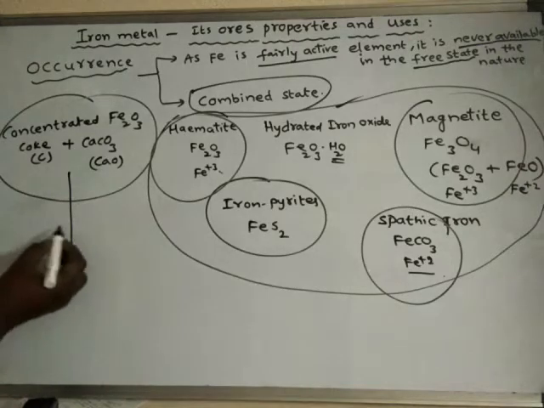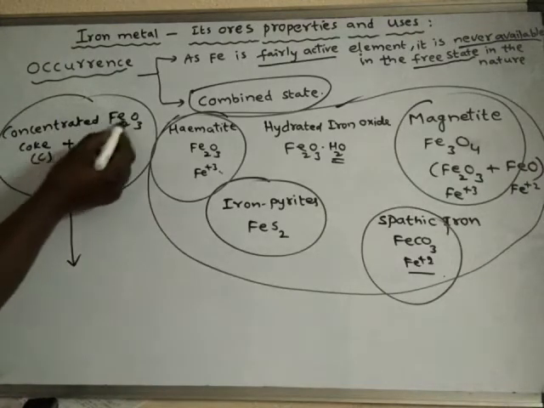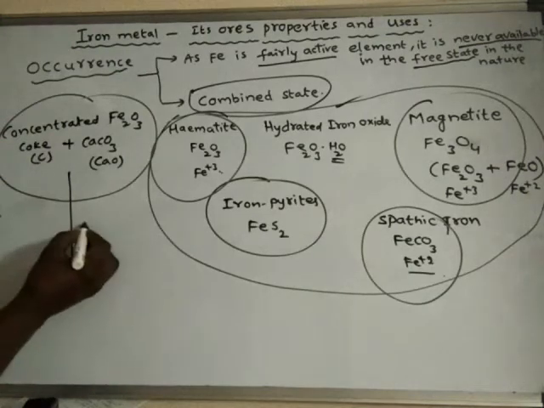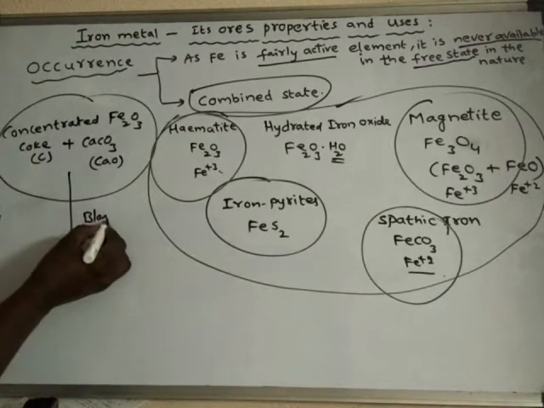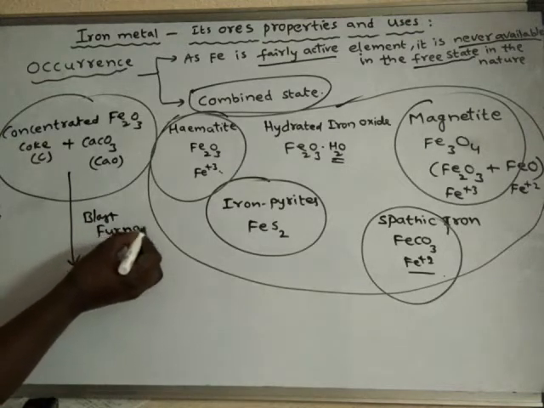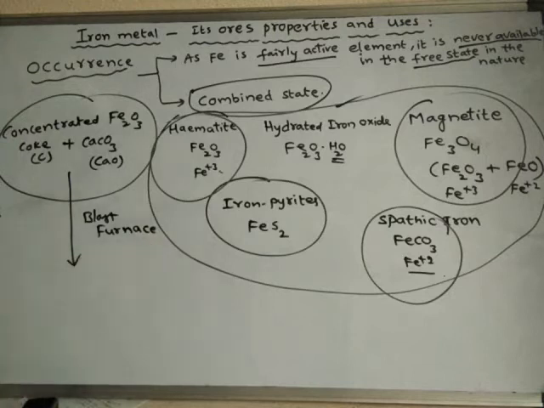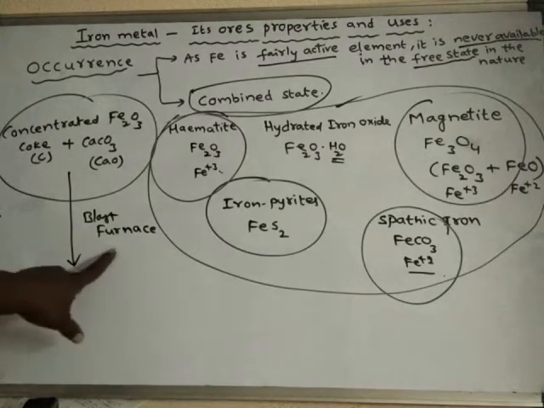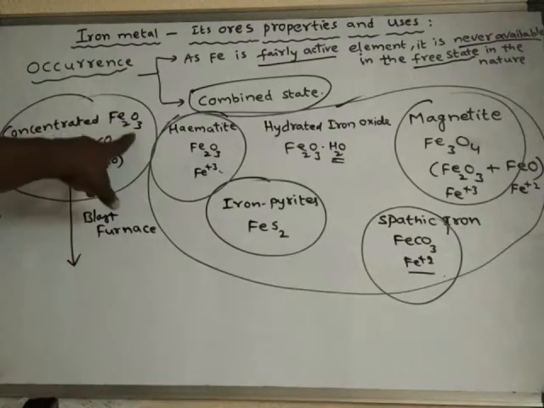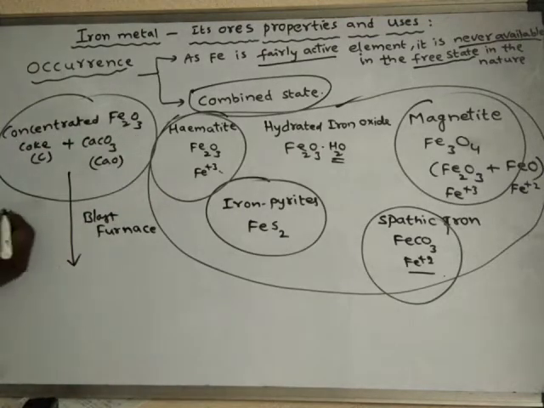So what happens here? Reduction of this ore takes place during this process. If you heat it in a blast furnace, a special type of furnace, the reduction of iron oxide takes place.